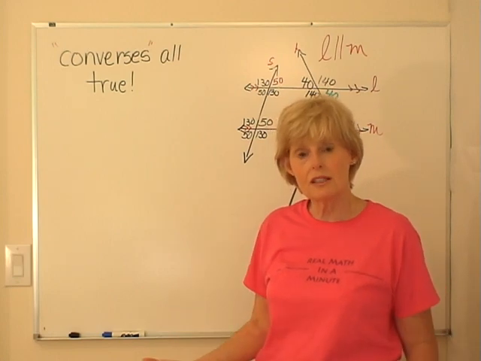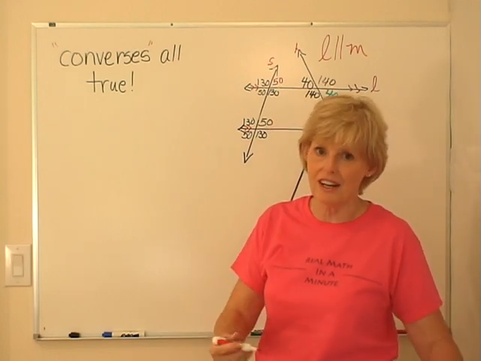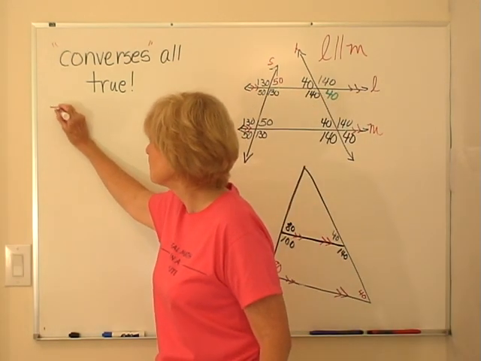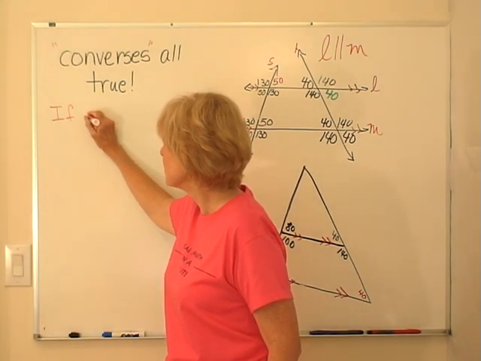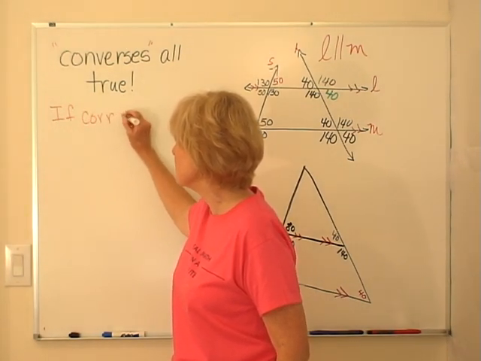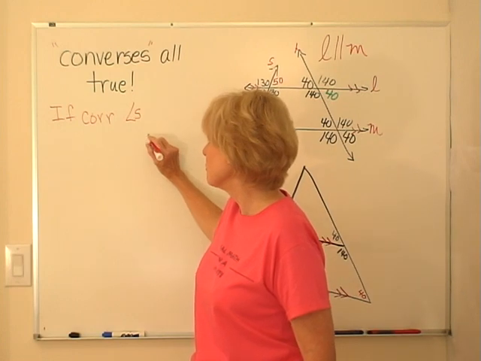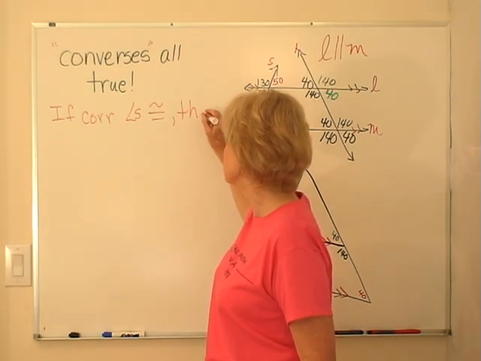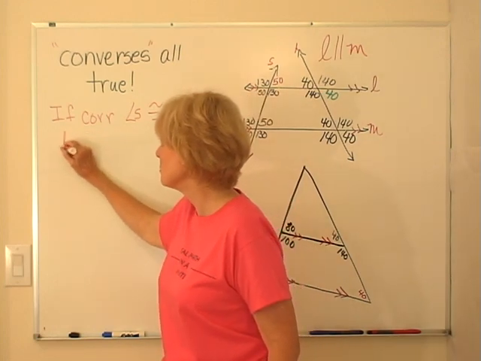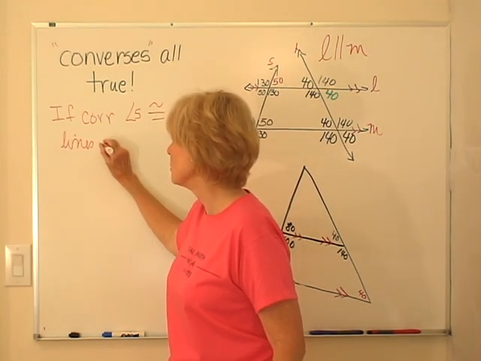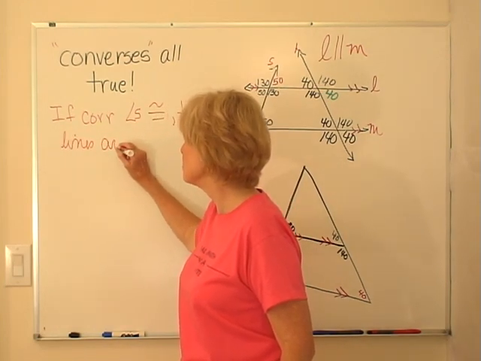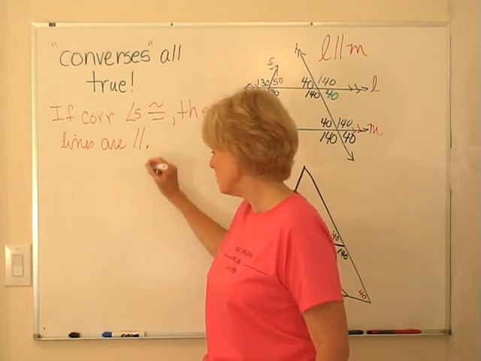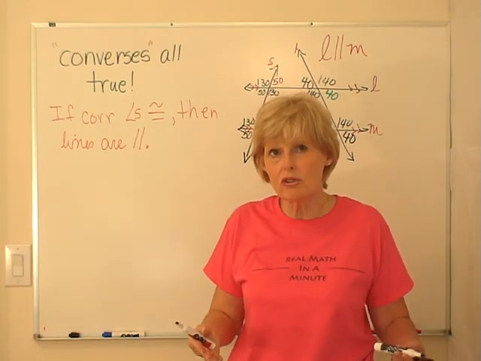The first one, again, is a postulate, and it says, if corresponding, and I'm going to abbreviate if you'll allow me to, if corresponding angles are congruent, then lines are parallel. And you might be saying, didn't we just do that?